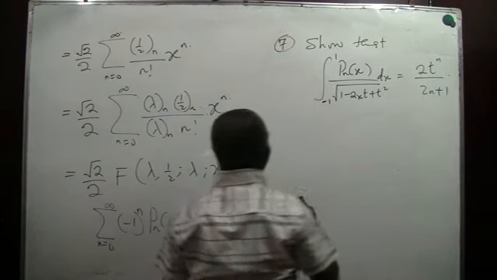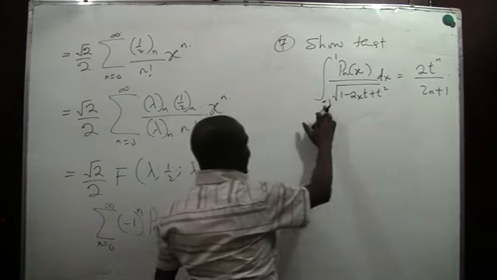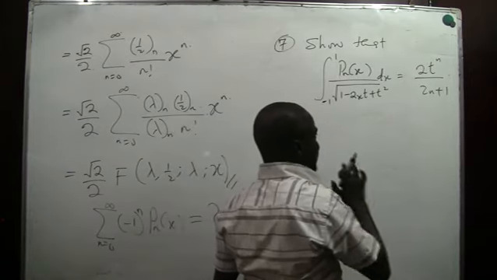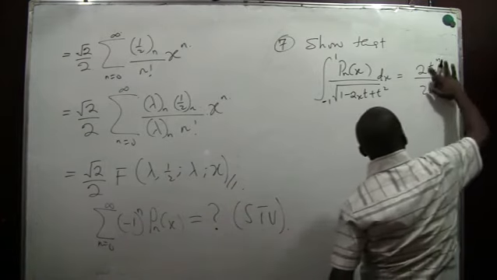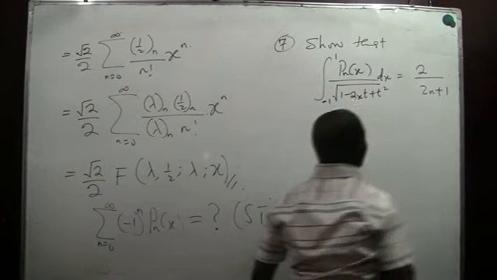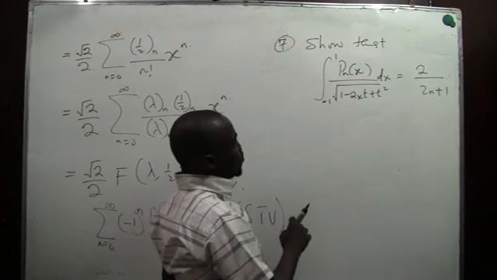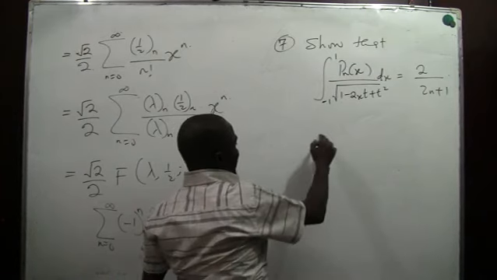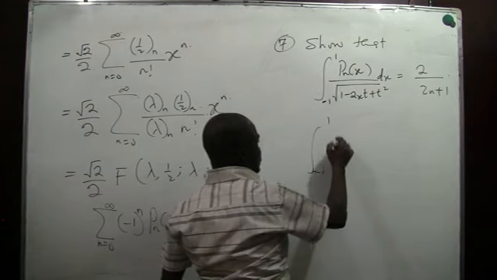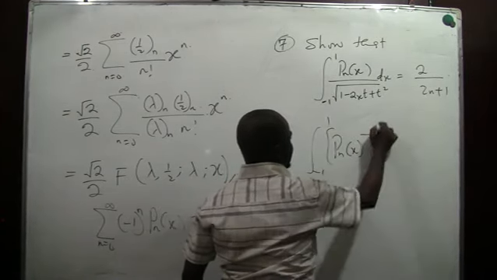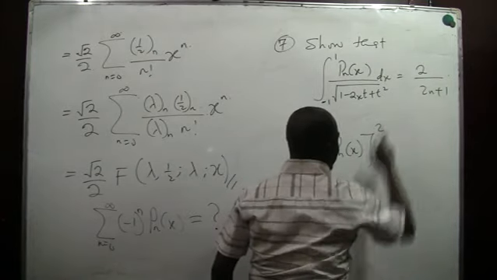How do I know? From here, number 1, the integral is only from minus 1 to 1. If you now look at the result, suppose I remove this, it is a well-known result that we are going to have the integral of minus 1 to 1 of Pn of x squared dx will give us that result.